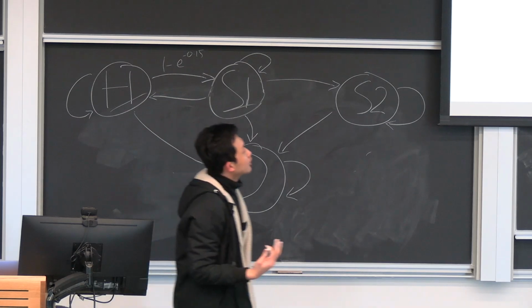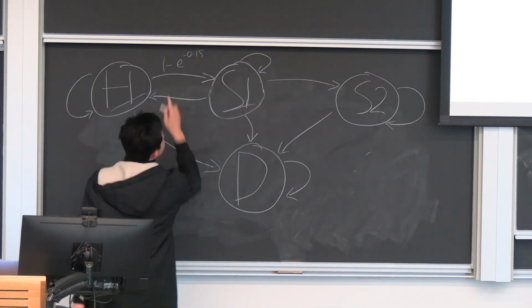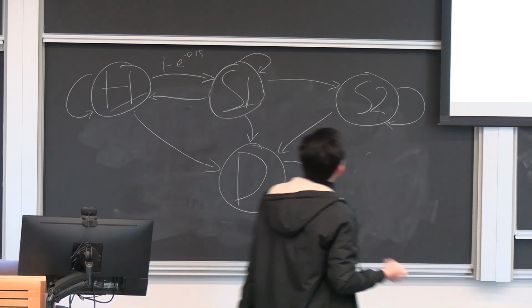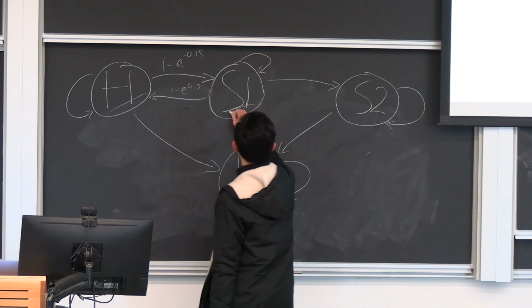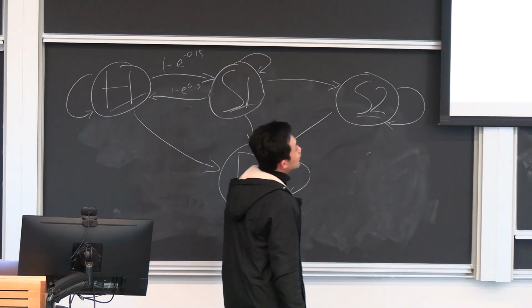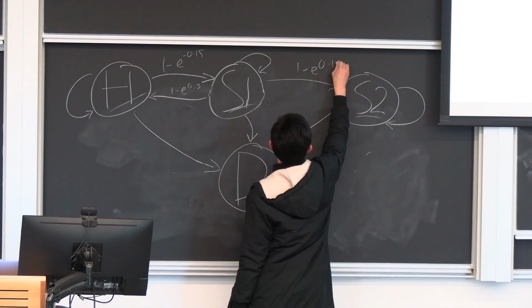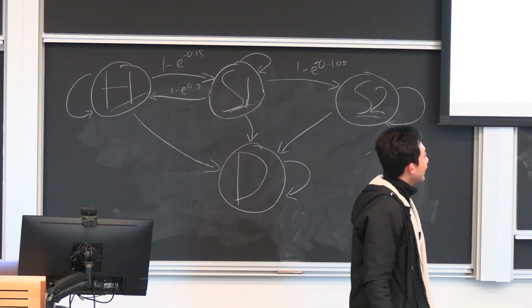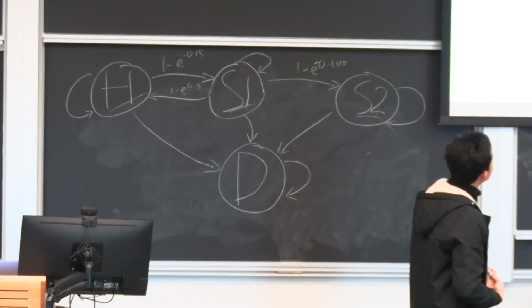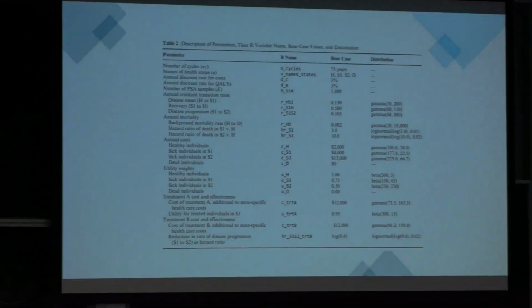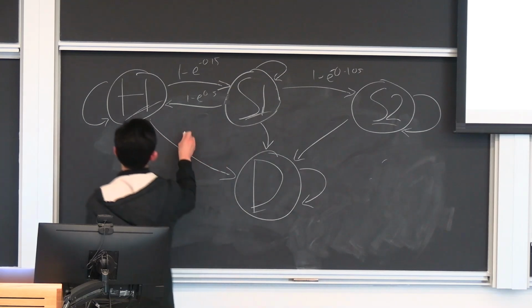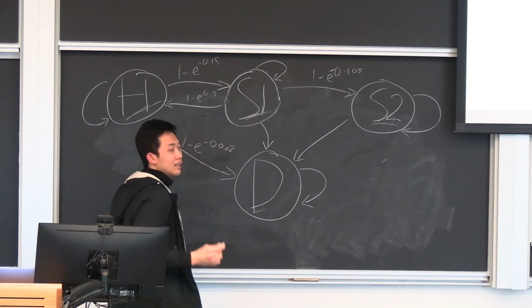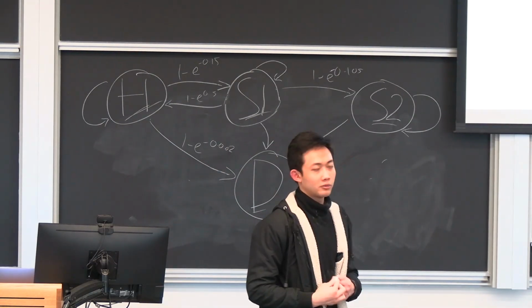And for sick to sicker, it is 1 minus e to the minus 0.105. Don't forget the minus. We are assuming that those rates follow the gamma distribution. We are also assuming this for healthy to death, which follows the gamma distribution as well. So that's 1 minus e to the minus 0.002. The background mortality rate, we are assuming, is 0.2%.